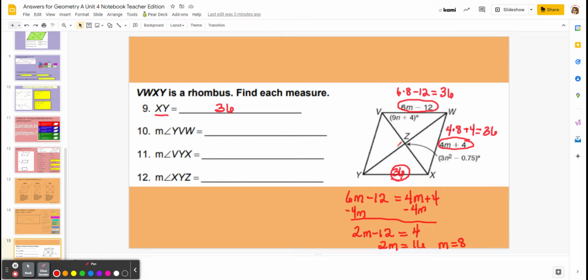All right, so we need to find the measure of YVW. One thing to note, notice it has an n in here to help find some of these angles. This one has an n in here as well. But remember, we talked about the diagonals being perpendicular bisectors of each other.